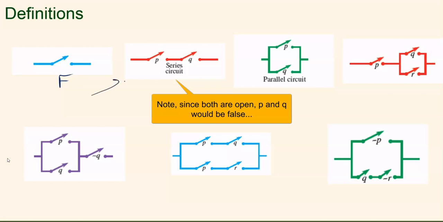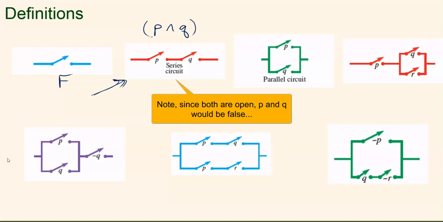We have a series circuit. So in order for electricity to flow the whole way through this, they would both need to be closed, saying that they would both need to be true. So the diagram that you're seeing here with the two circuits, one right after the other, would be an instance of an AND statement. So P and Q, this diagram could be used for a P and Q situation.